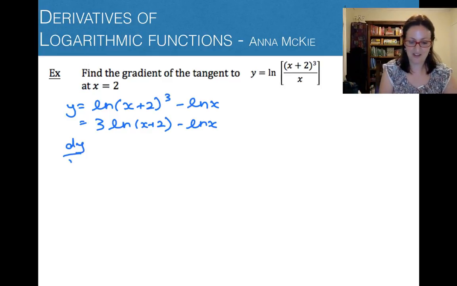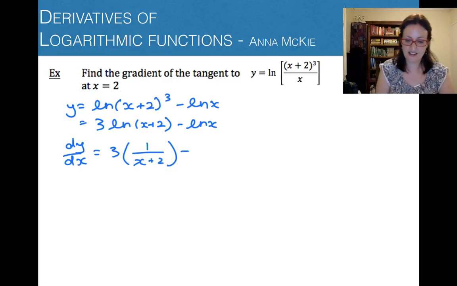And here's our derivative. So 3 by the derivative of this bracket here, which is 1 on the bracket. And the derivative of ln x is 1 on x. Tidy that up just a little. Perhaps I'll just put it off to the side here. Just bring that 3 in.